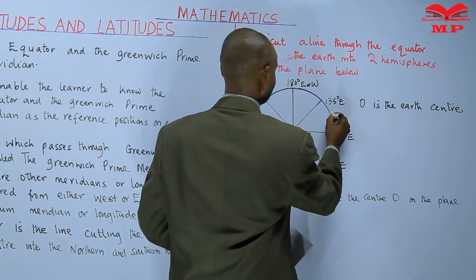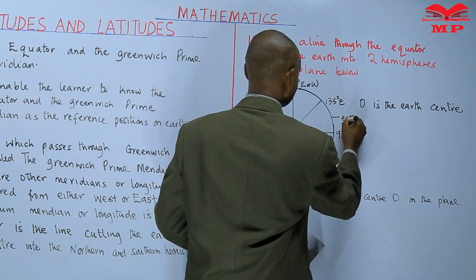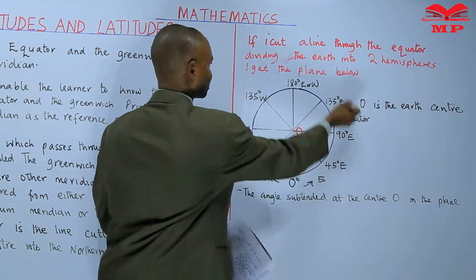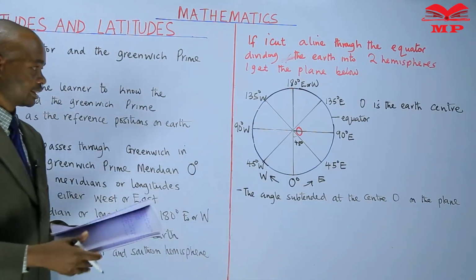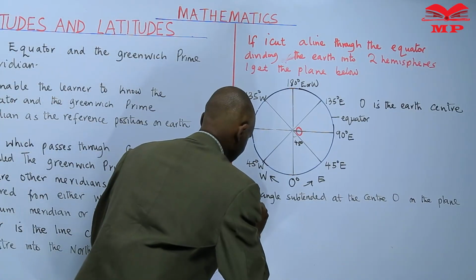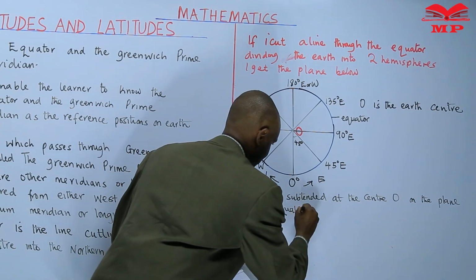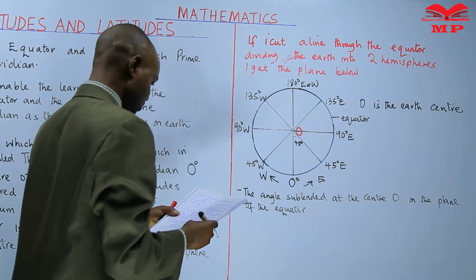As I talk, I've actually just cut through the equator. So this is the equator. As you saw, the equator goes round on the plane of the equator.